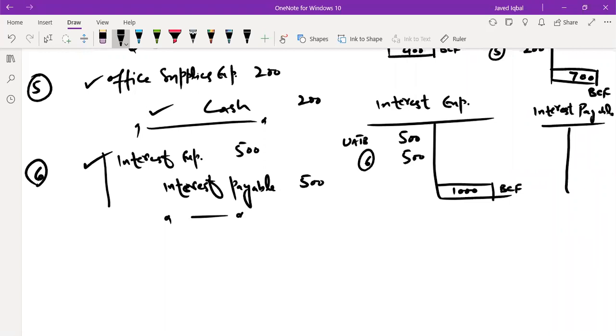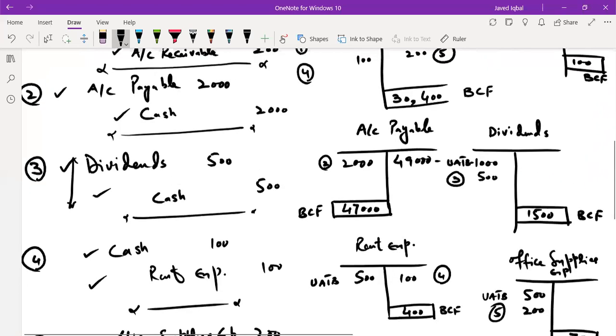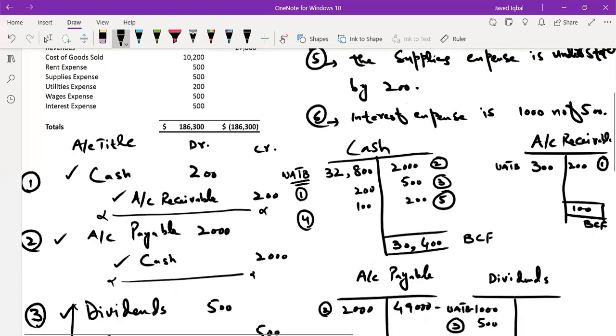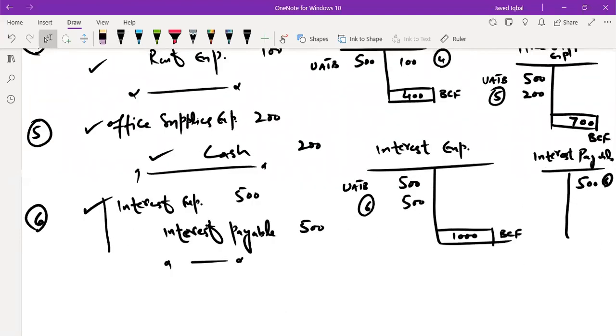So interest payable is now 500. This is from transaction 6, but did we have any previous heads? No, we didn't. So the interest payable balance carried forward should be 500, right? So we have these key accounts.